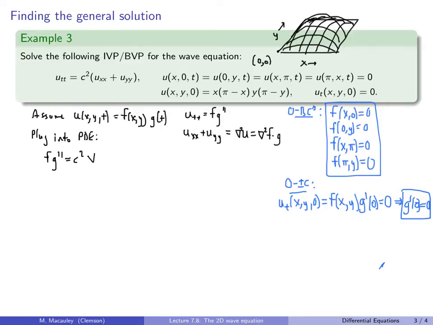So that's c squared times Laplacian of F times G. So let's divide through by c squared F G. This is exactly the same thing as what we did for the heat equation in 2D. The only difference, literally, is instead of G prime, we have G double prime right here. So when we do this, on the left-hand side we get G double prime over c squared G, and on the right-hand side we get Laplacian of F over F.